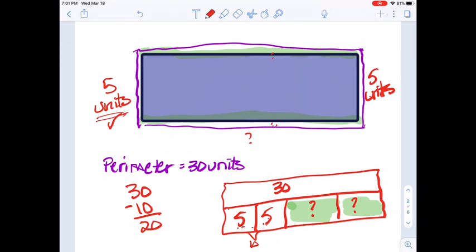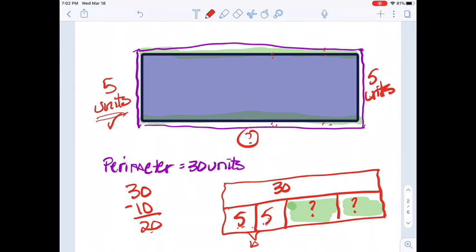Now here's where I want you to watch out, because this is where we make our biggest mistake. I can't say that this side that I'm looking for is equal to 20. This 20 is both sides added together. And remember what you told me, these 2 sides are equal.